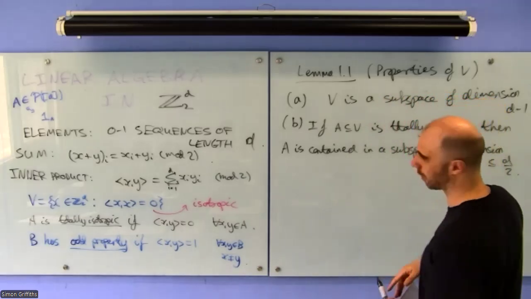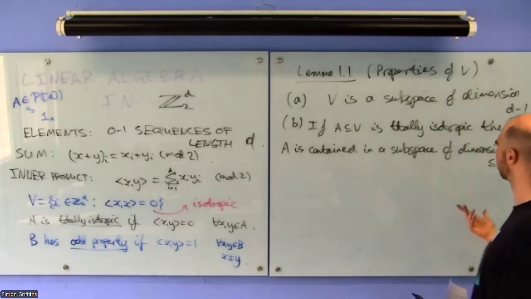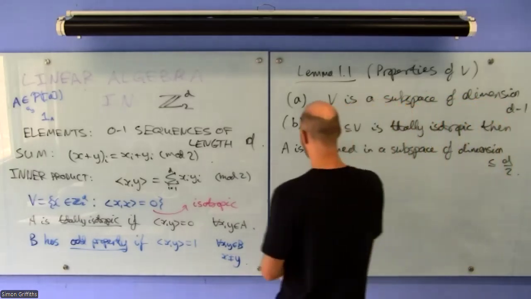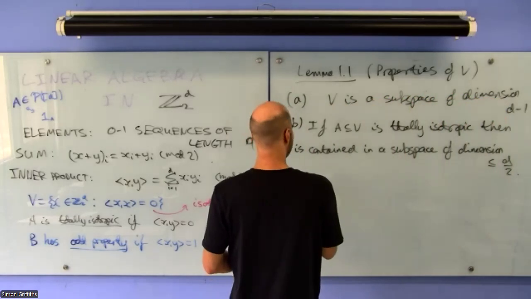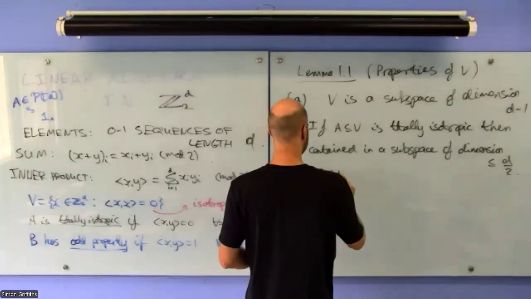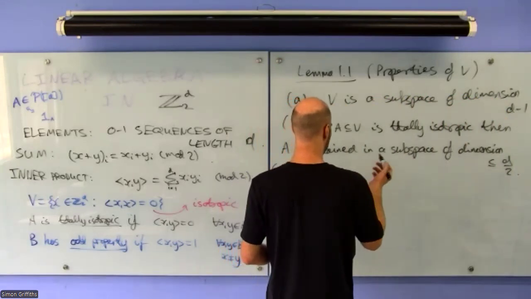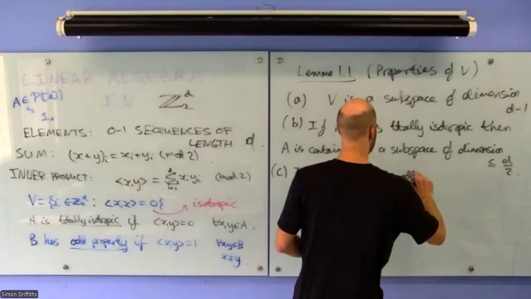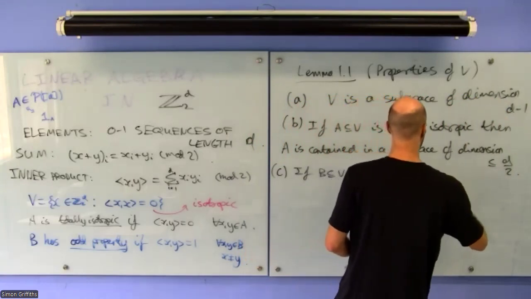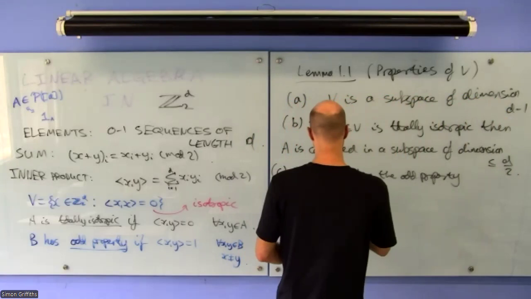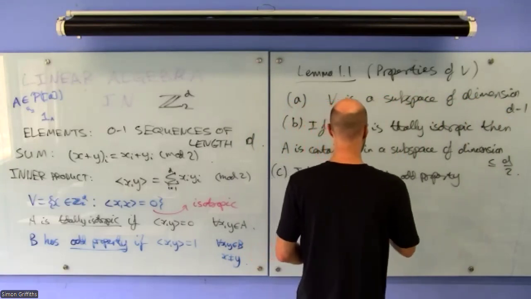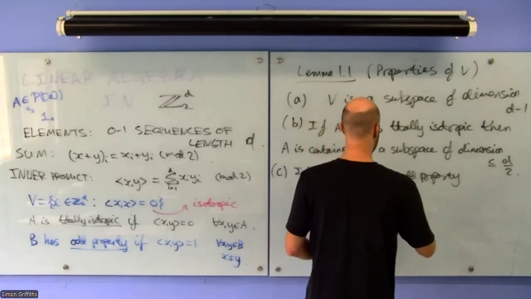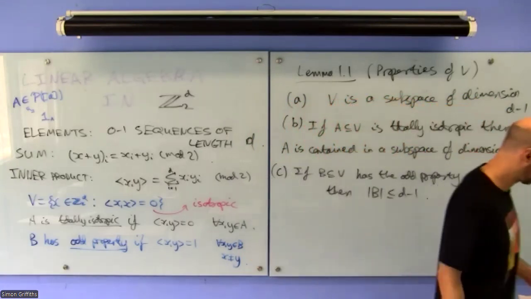So in some sense you have to be small to be an isotropic subspace. And C, perhaps even more surprising, if B contained in V has the odd property, then B actually can have at most D minus 1 elements.